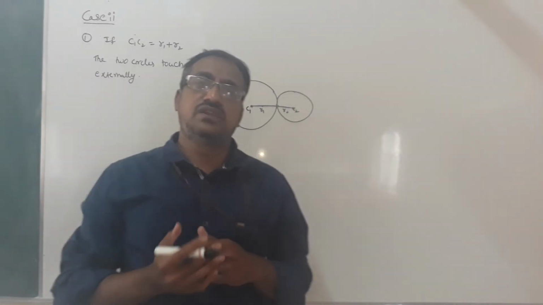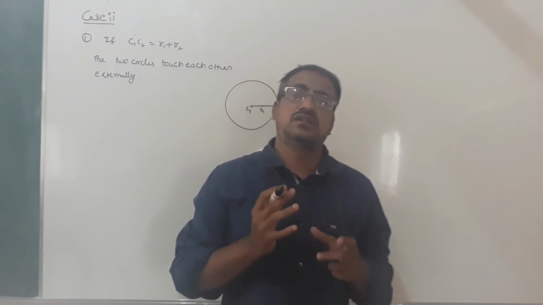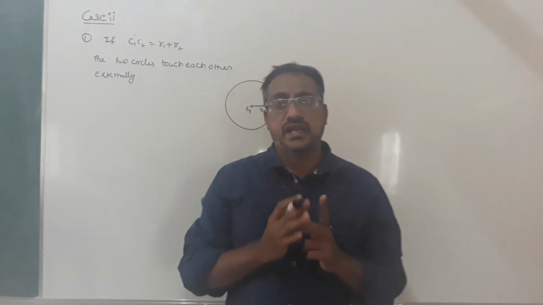If C1 C2 is equal to R1 plus R2, then the two circles touch each other externally.